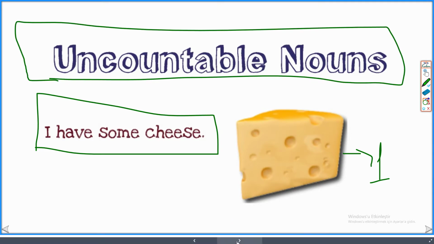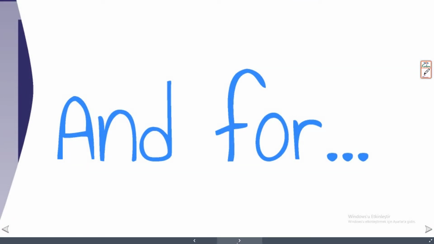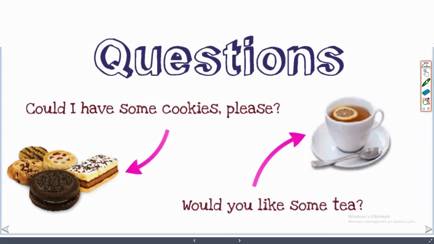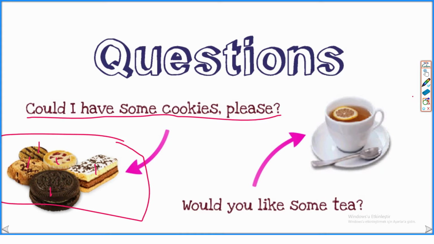And for questions we have: Could I have some cookies, please? Could I have some cookies? 1 2 3 4 5. As you see, I can count them, but tea, I can't separate this tea.